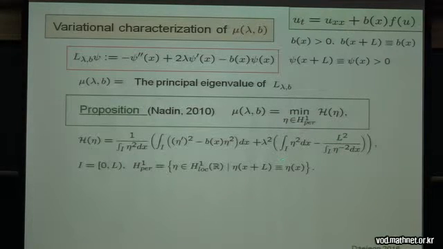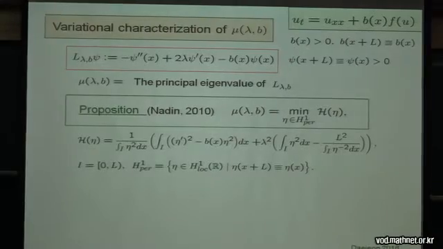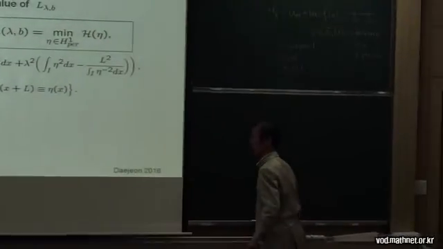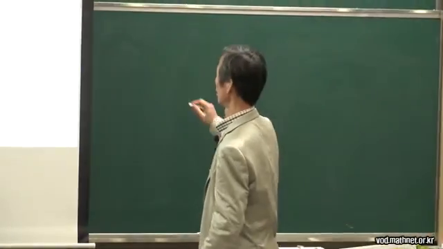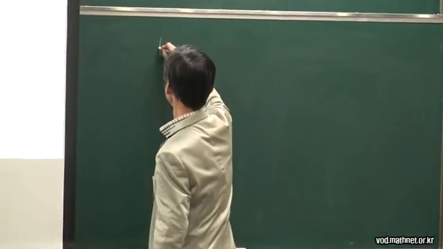But by the Schwarz inequality, this part is non-negative. You can check it. This is another way to see that the presence of lambda increases the eigenvalue.